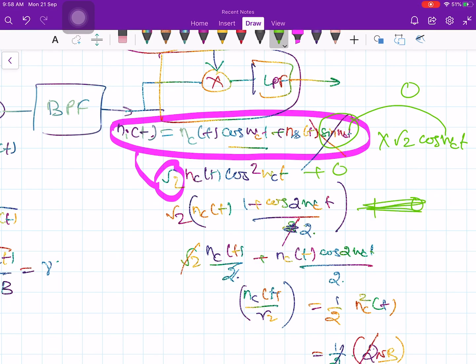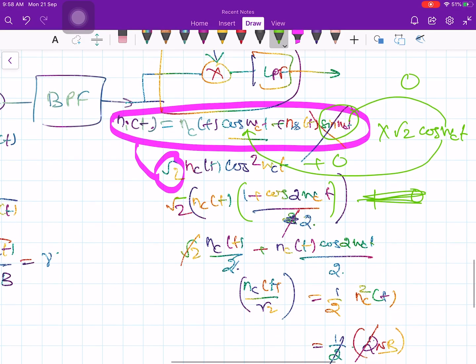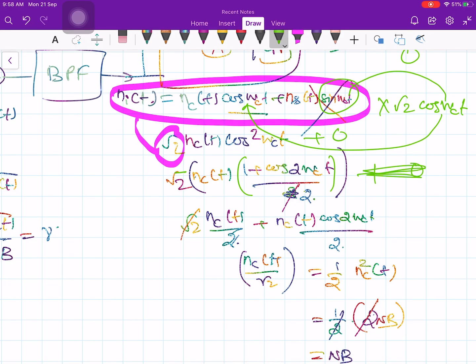And then cos times cos becomes cos square of omega ct. Cos square omega ct, I can write (1 plus cos 2 omega ct) by 2, and here in the numerator I have root 2. Root 2 by 2 becomes 1 by root 2. So nc of t by root 2 plus this term will be eliminated by the low pass filter because of cos 2 omega ct. So finally you will get this one.